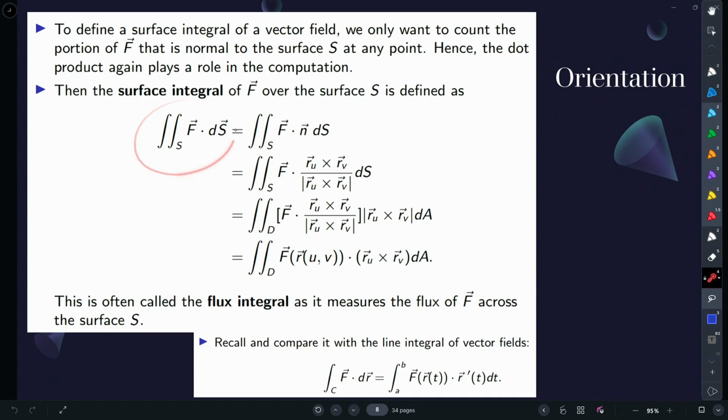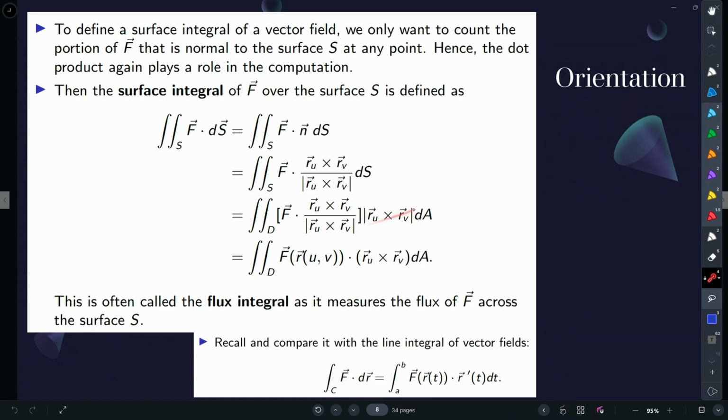The surface integral of a vector field is the surface integral of the dot product of the vector field with the normal vector to the surface. The normal unit vector, as I said, is given by the cross product divided by its length. So this is a normal unit vector. And when we do an integral with respect to surface, this was the correction factor that we got.